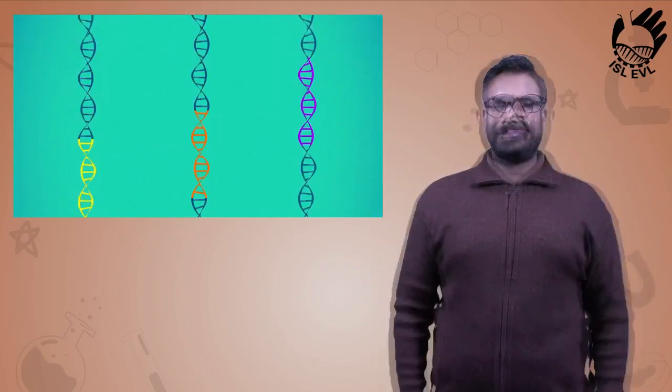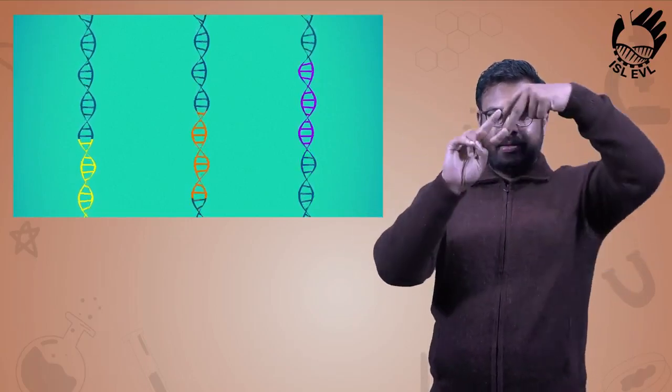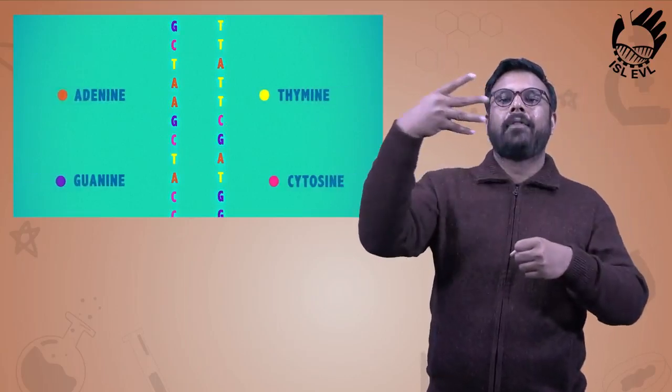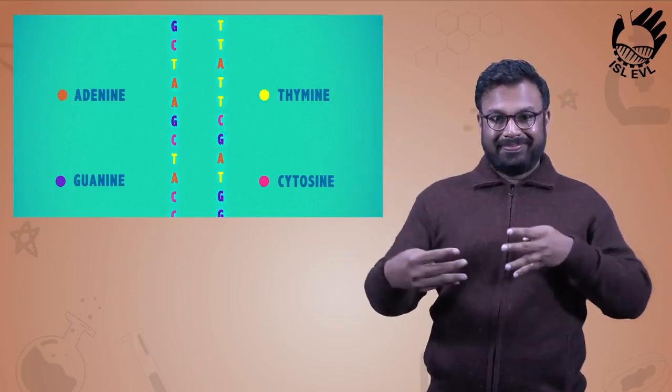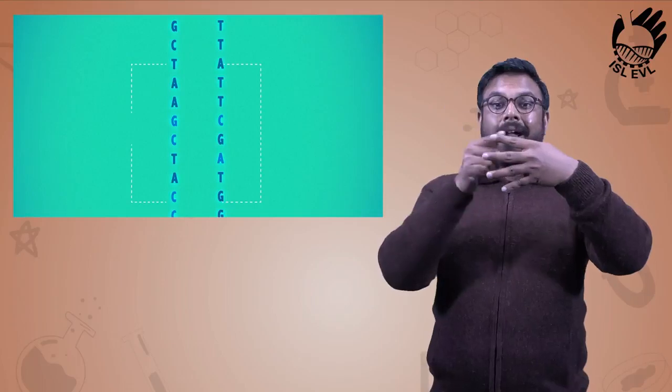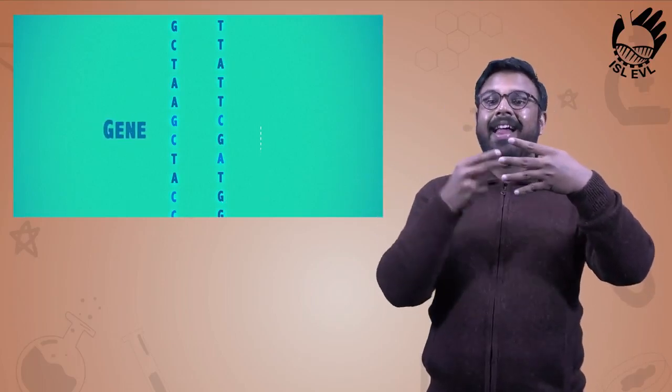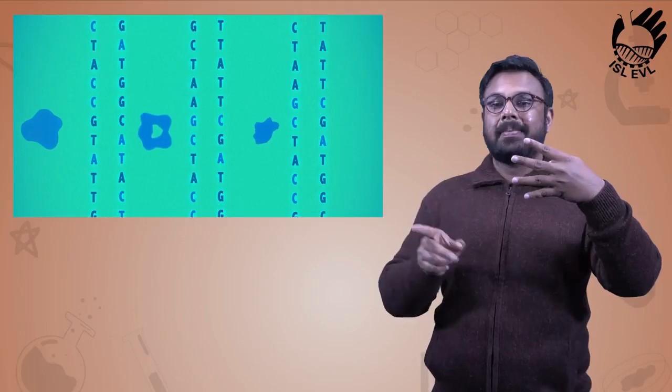But what are mutations? Imagine DNA to be a long thread made up of four kinds of building blocks. They are called adenine, thymine, guanine, and cytosine.